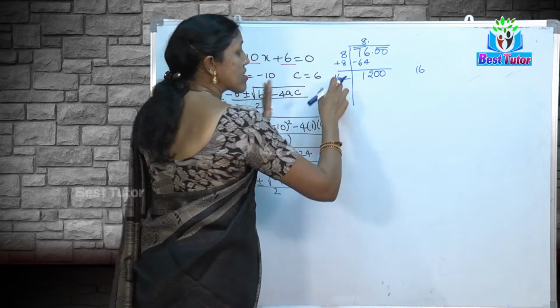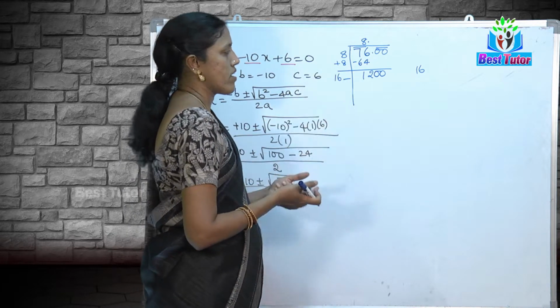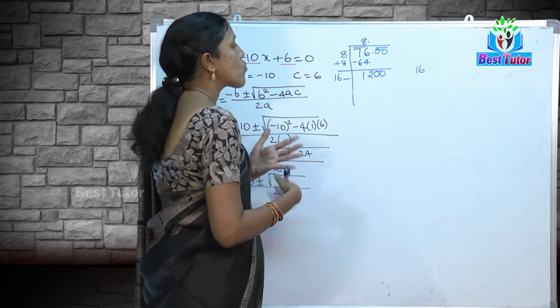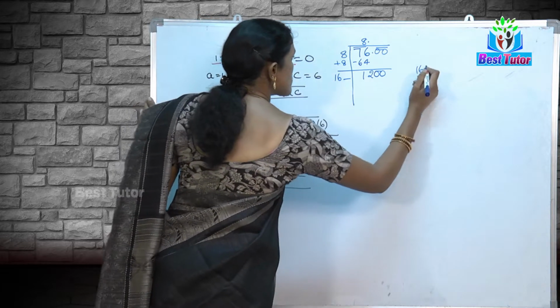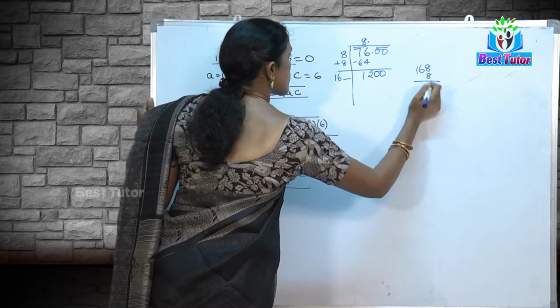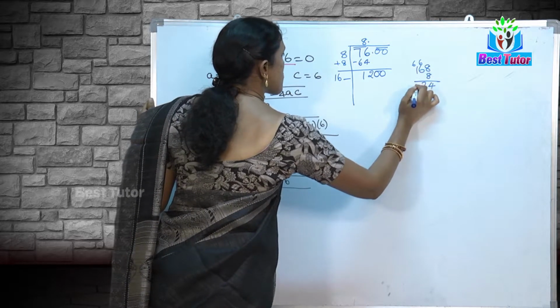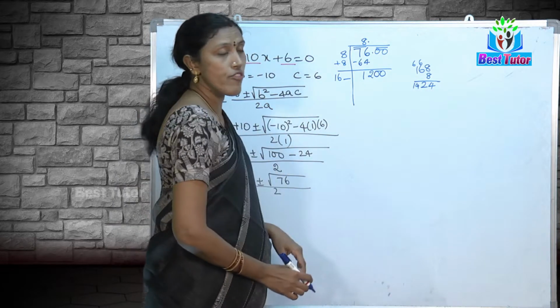Okay. Now let us try. I have 160 or 162 or 163 or whatever it is. I want 1200 here. So what can be the number? What if I try with 8? 8 8s are 64, 8 6s are 48 plus 6 is 54, 8 1s are 8 plus 5 is 13. 1344 is bigger.